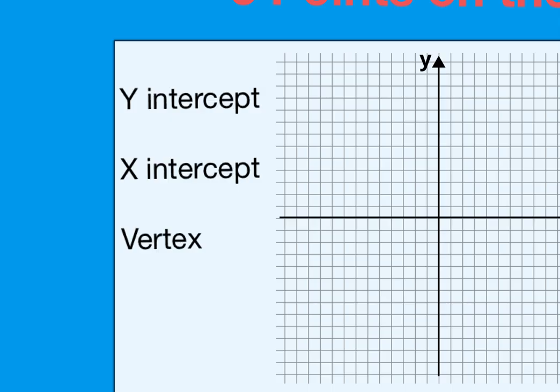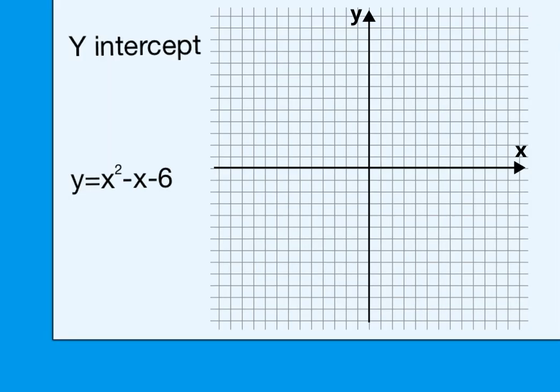So the first point that I want to talk about that's the easiest to find is going to be your y-intercept. So let's take a look at this first quadratic. y is equal to x squared minus x minus 6. Now the y-intercept is simply going to be the number by itself.